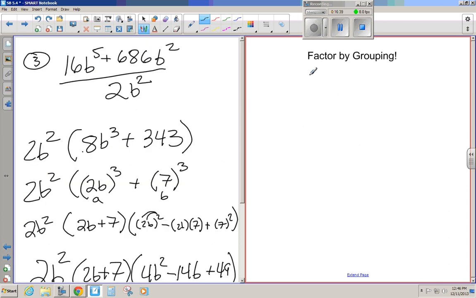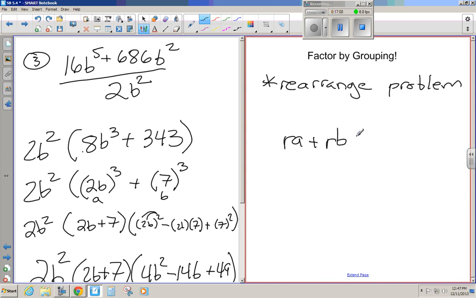All right. Factor by grouping. Factor by grouping, again, is a method in which you're going to rearrange the problem. So basically in the book here it says ra plus rb plus sa plus sb.